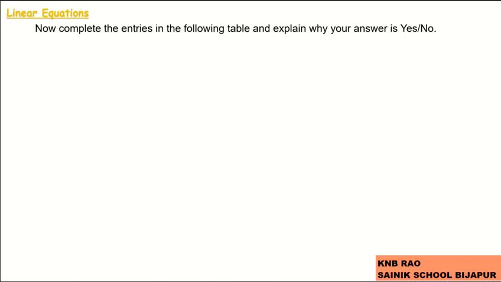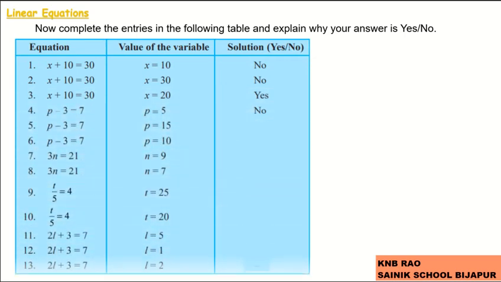Now complete the entries in the following table and explain why your answer is yes or no. The table has equations, around 13 of them, and beside them the value of the variable is given.